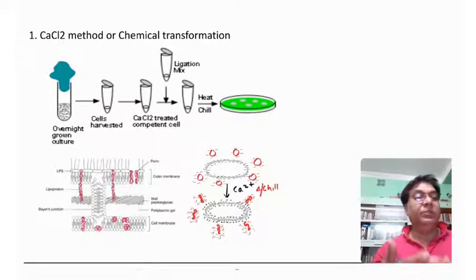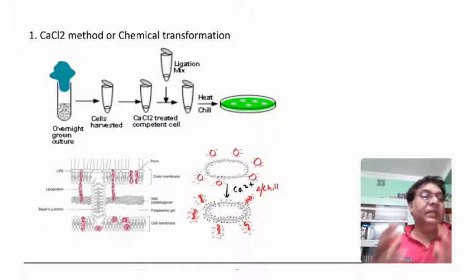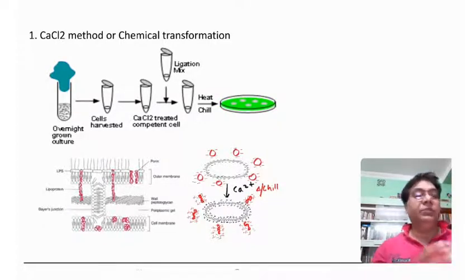If you put in too high a concentration, then the cell membrane and the DNA both become positively charged, and again the repulsion force comes into play. The concentration has to be such that some negative charge is still present on the DNA, which interacts with the calcium ion on the membrane. This is how the DNA gets adsorbed to the cell membrane.